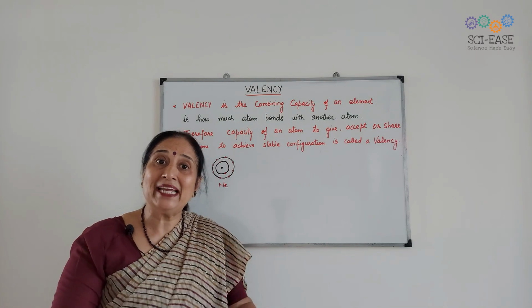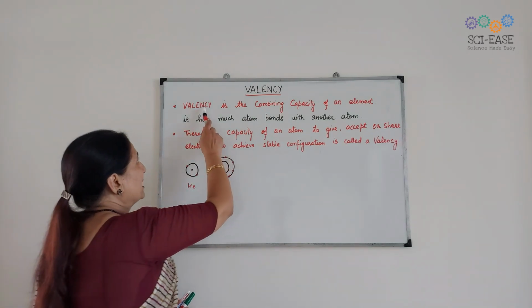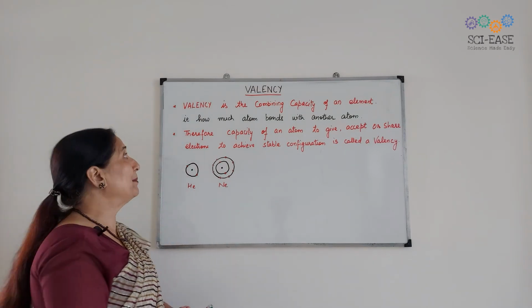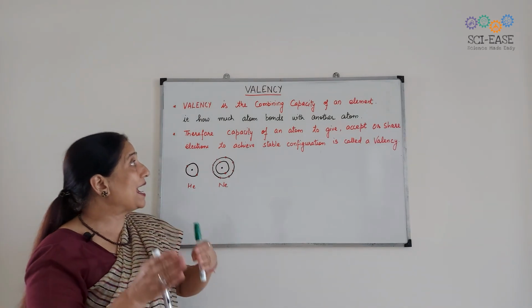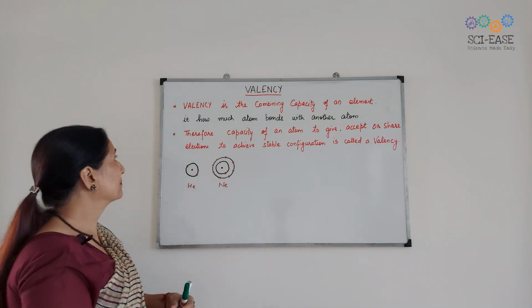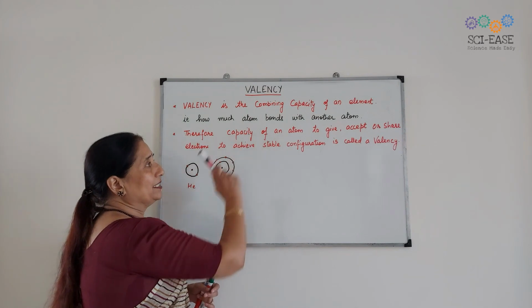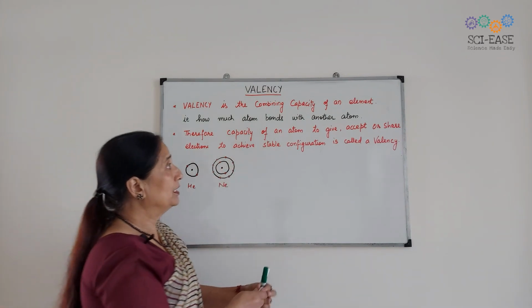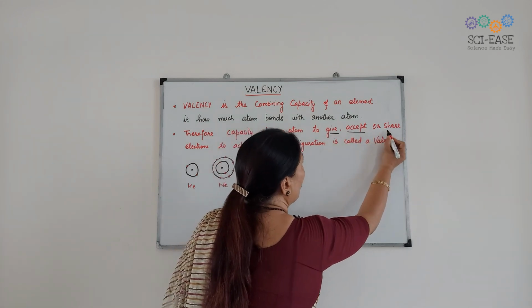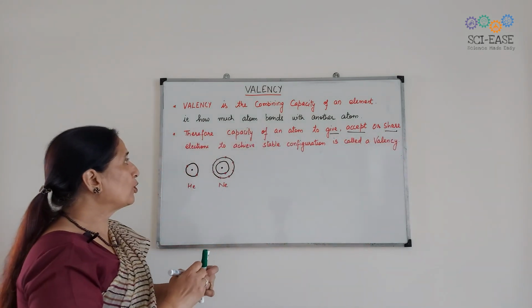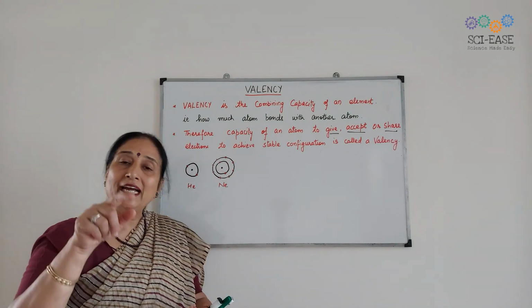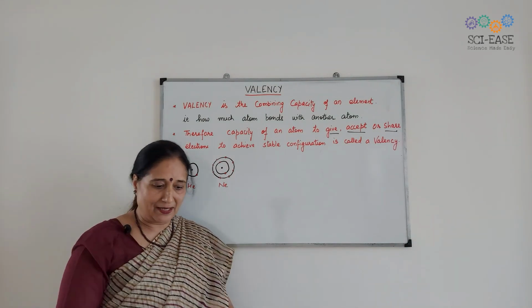It is the combining capacity of an element. Valency is the combining capacity of an element, that is how many atoms it bonds with. Therefore, the capacity of an atom to give, accept or share electrons to achieve the stable configuration is called the valency.